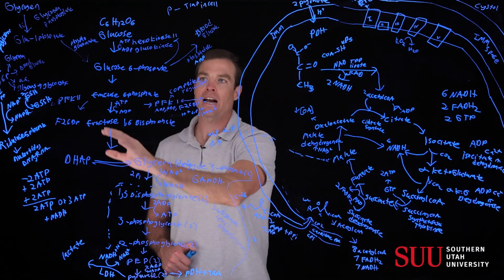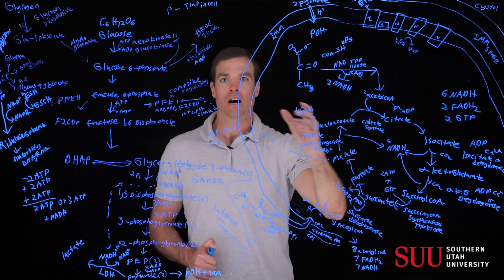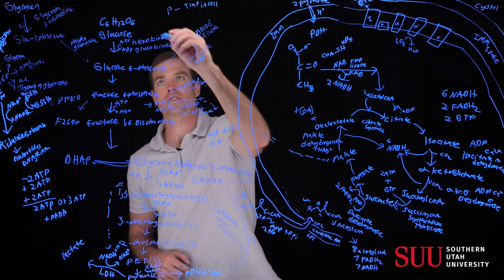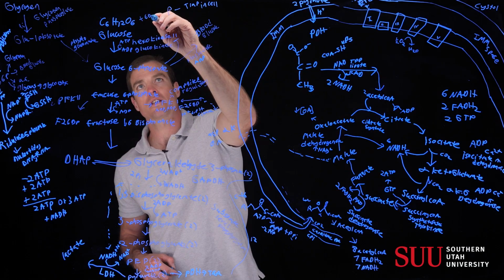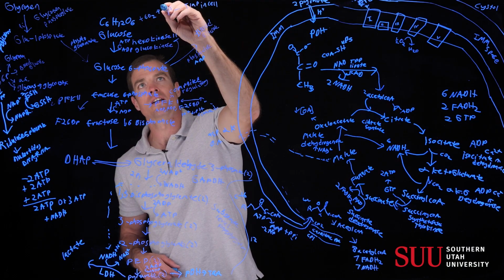This entire process of glycolysis and everything is driven by oxygen, right? Because ultimately, we take glucose, C6H12O6, and we combine that with 6 molecules of oxygen, and we end up converting that to what?